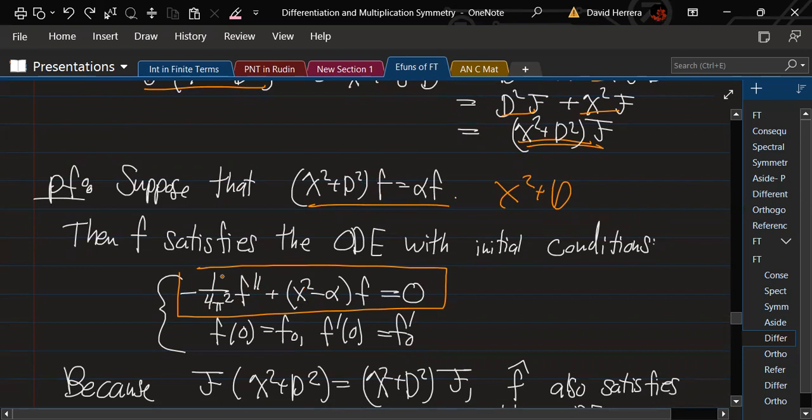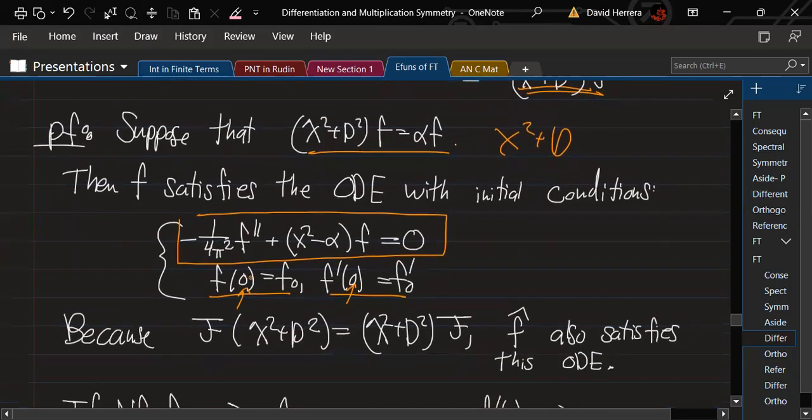In general, a second order differential equation has two initial conditions, which are the value at some point and the derivative at that point. We're just going to choose the initial point to be 0, and we'll see why in a second. If you know the two initial conditions, which form a vector in R2 or C2, a two-dimensional space, then that determines the solution uniquely. In fact, you have one initial condition, f(0) and f'(0), and another initial condition, g(0) and g'(0).